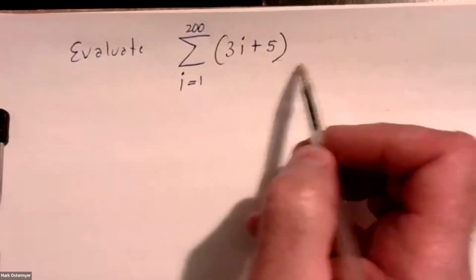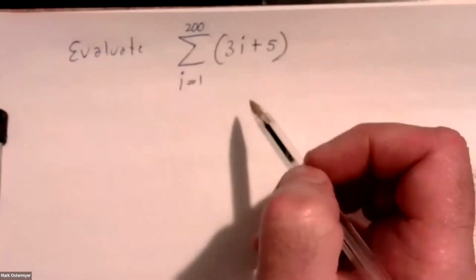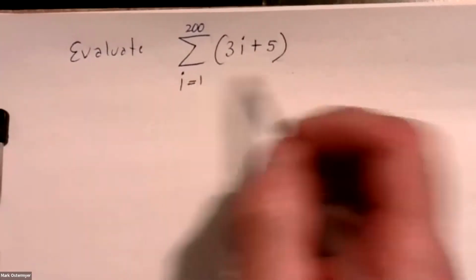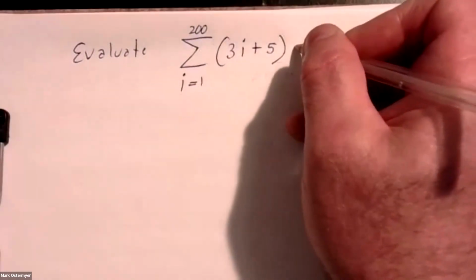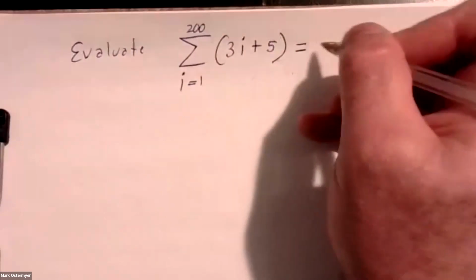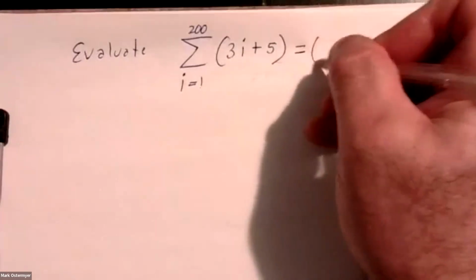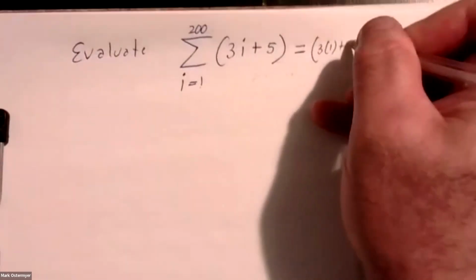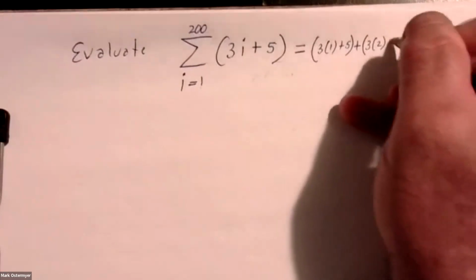So we need to evaluate this series here. This is an arithmetic series. To do so, I'm going to list the first couple of terms of this series so I can see what the terms of the sequence are doing. I'm going to let i be 1. So we have 3 times 1 plus 5, plus, then I'll let i be 2, so I'll have 3 times 2 plus 5.